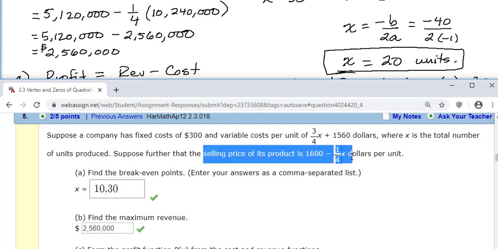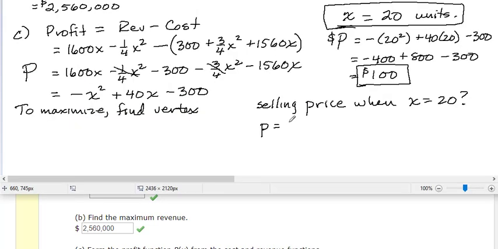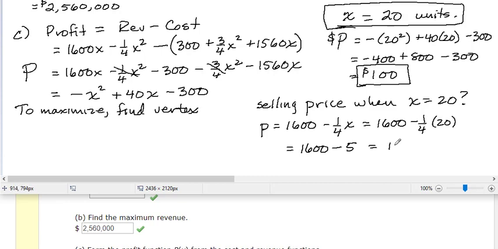Suppose the selling price of the product is 1600 minus 1/4 x. Maximum profit happens when x is 20, so I'll fill that in. 1600 minus 1/4 of 20 is 5. 1595, that's $1,595 per item, and that's your selling price that you should set.